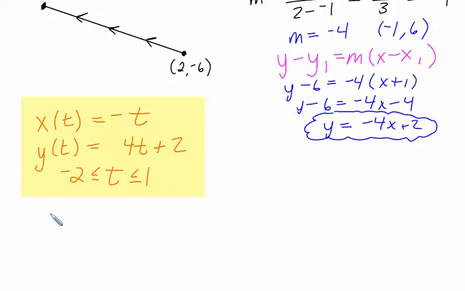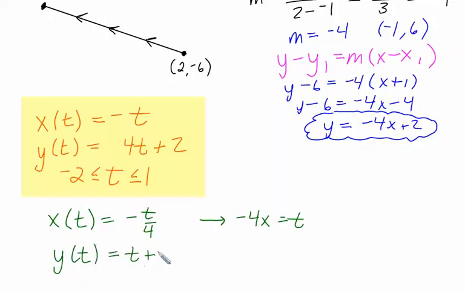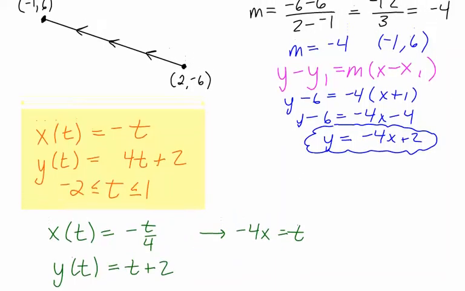So one other equation that we could have, keeping in mind there are an infinite number of them, would be that x of t could be equal to, let's say, negative t over 4. Now if we did that, then this means that a negative 4x would be equal to t, and then y just needs to be t plus 2, so we could have y of t is equal to t plus 2. Again, it's kind of a way where you solve for t and then figure out what y would have to be with the condition.